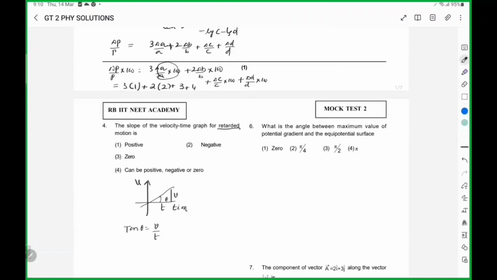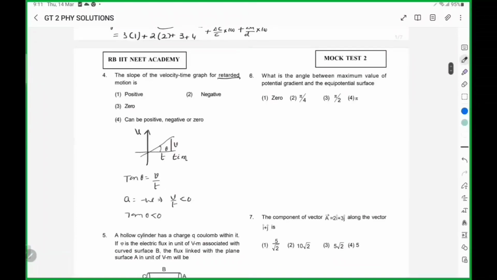For a retarded motion, which means acceleration is negative, v by t negative, tan theta negative. So slope will obviously be negative, which means that line makes an obtuse angle.